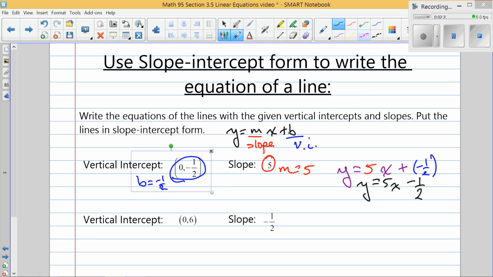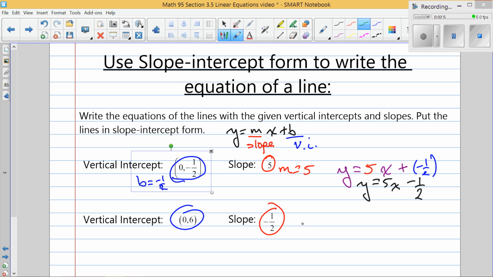So let's try it with the other line. We have our slope and our vertical intercept. It's not necessary to identify m equals negative 1/2 and b equals 6 for this next case. We can really look at the vertical intercept and the slope and compose our equation just from looking at this.